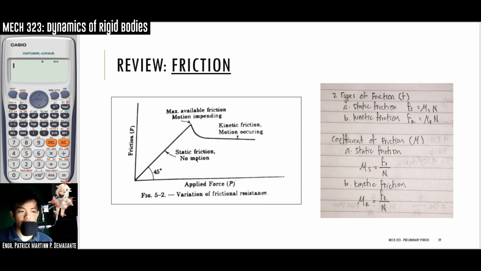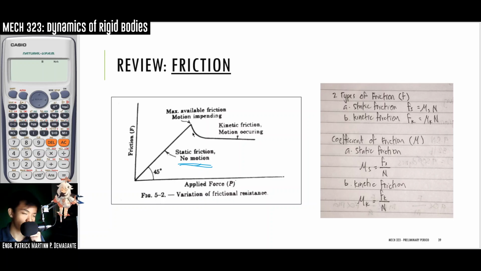This linear part is the static friction. So, no motion. From the word static, it is not in motion. It will reach up to a certain value of friction, the maximum available friction. So, motion is impending. It is not moving yet.